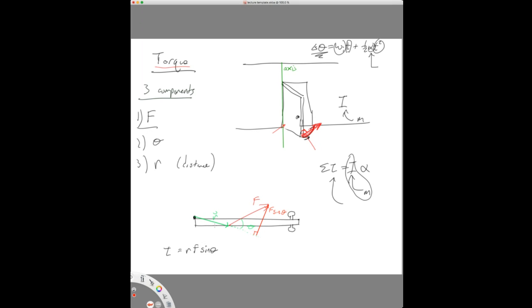If R and F are perpendicular, we get the maximum torque, and if they're not perpendicular, then we need to find how much of the force is perpendicular, because the piece of the force that's along the line of R doesn't cause rotation. It doesn't rotate the door. Only the piece that's perpendicular does. Okay, so that's our definition of torque. Any questions about that definition?